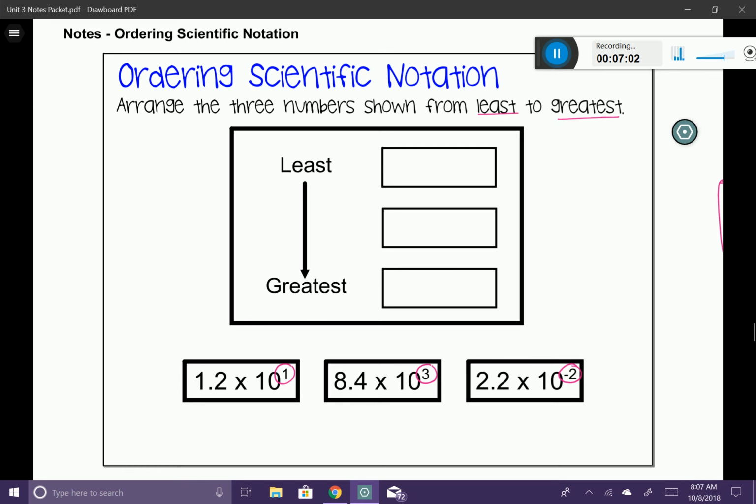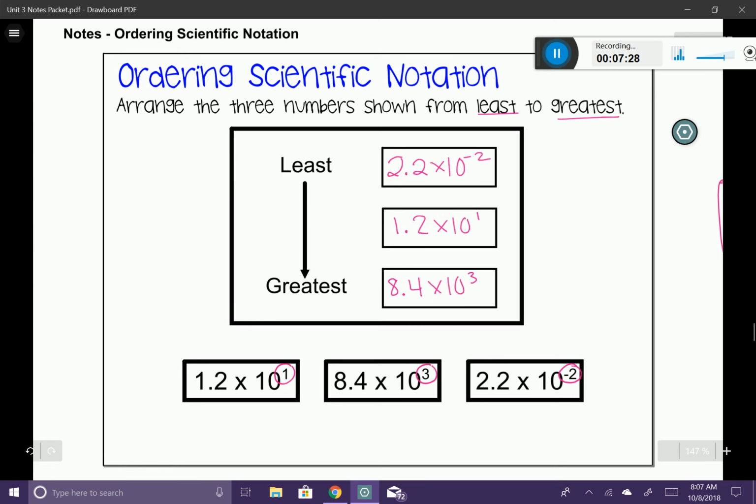So the smallest one of those exponents is going to be the last one here, 2.2 times 10 to the negative 2. The next number in line will be the first one here, 1.2 times 10 to the first. And then followed by the greatest number, which is going to be 8.4 times 10 to the third.